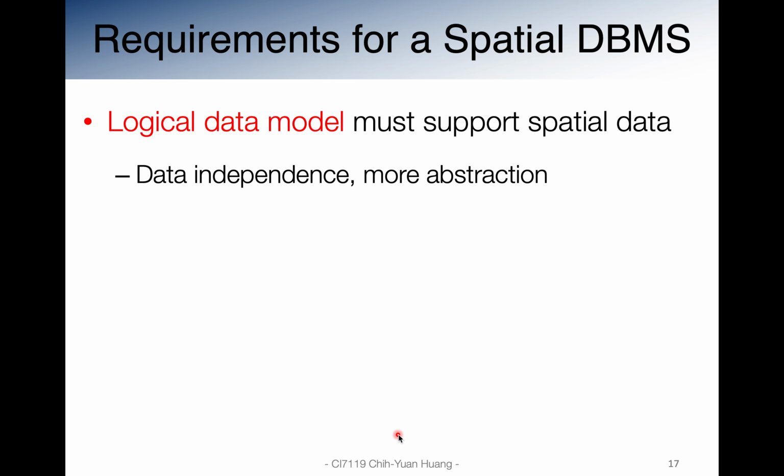For example, the point, line, polygon, geometries are the data types or data model that we should support, so that when users model the spatial database, they can directly use the logical data model to describe the data that they want to manage in the spatial database management system. So it allows more data independence and also more abstraction.